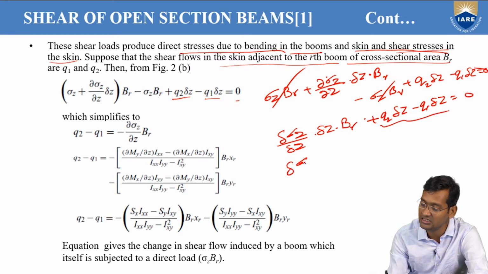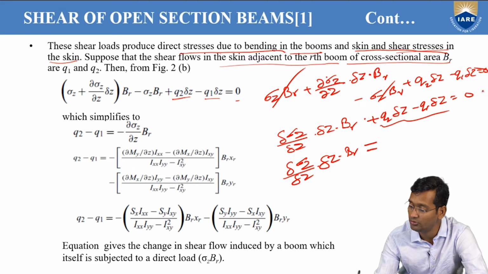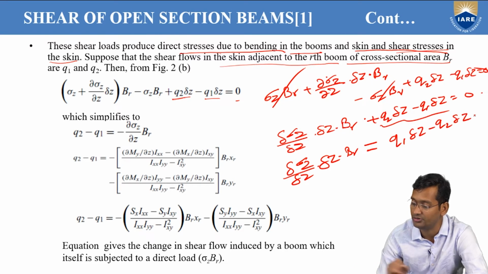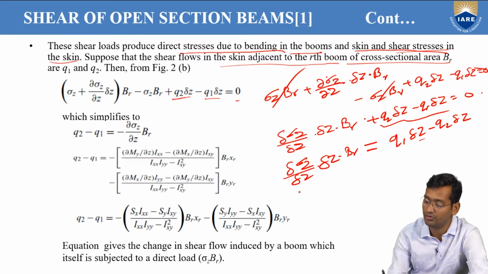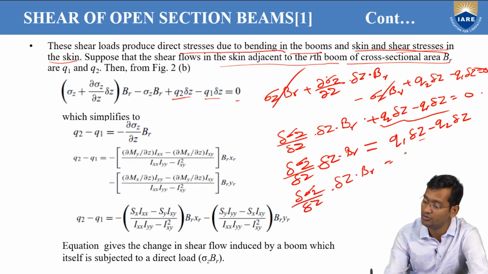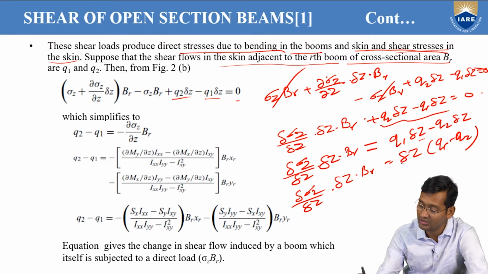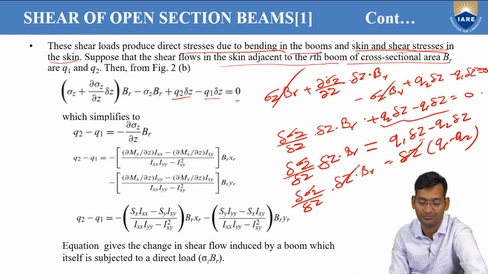So del sigma z by del z into del z BR is equal to Q1 del z minus Q2 del z, since this side becomes positive and that becomes negative. Taking del z common, del sigma z by del z into del z into BR equals del z times (Q1 minus Q2). Now this del z gets cancelled.